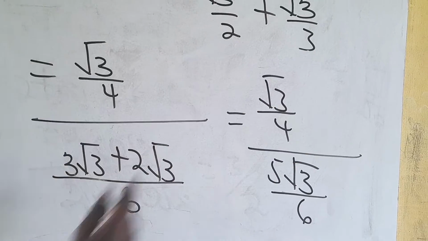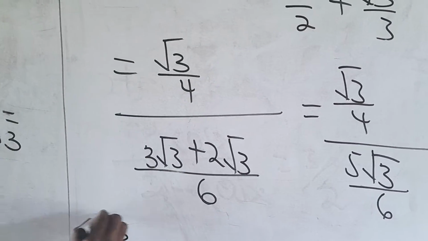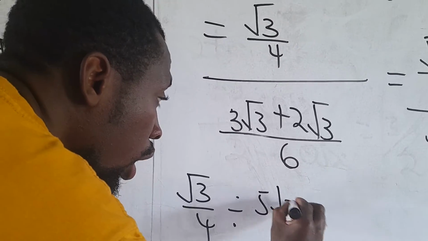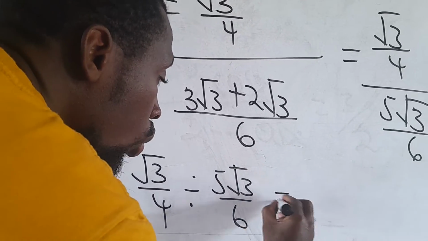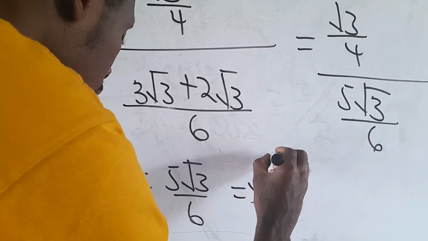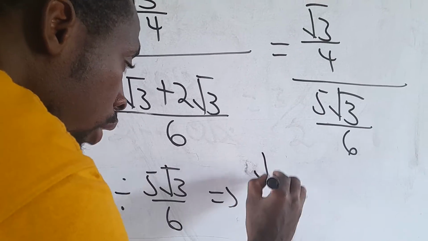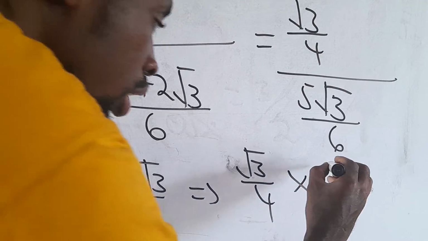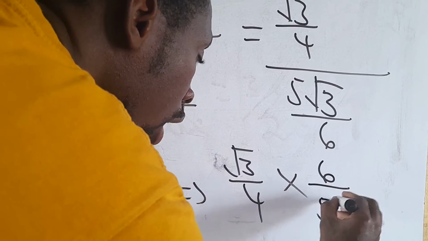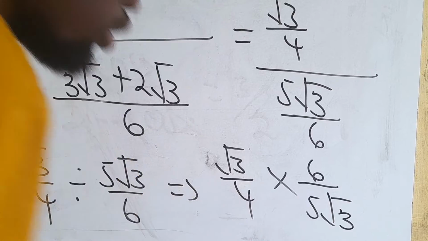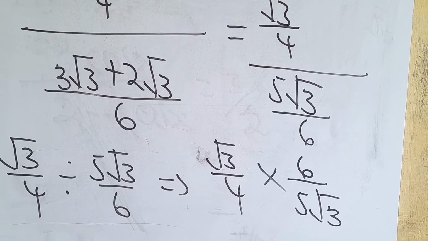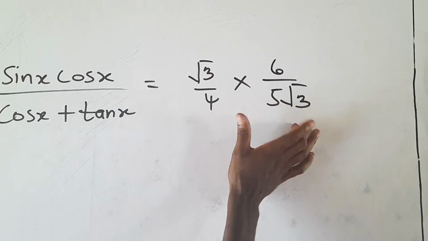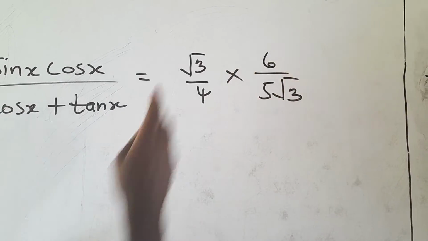We can rewrite this as root 3 over 4 divided by 5 root 3 over 6, which implies root 3 over 4 times 6 over 5 root 3. So when we simplify this further, root 3 will divide root 3.